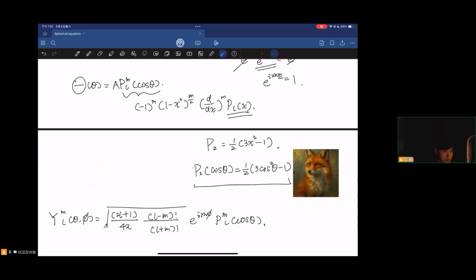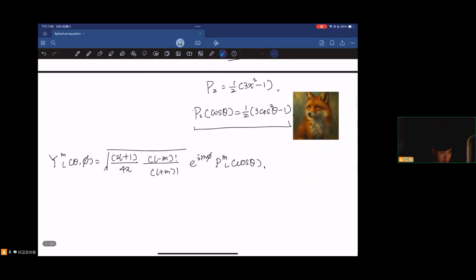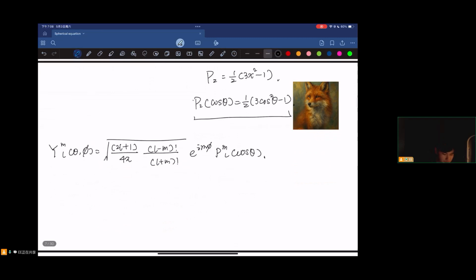This is very important because normalization is a necessary condition for a wave function. Otherwise, it won't make any sense. So here is also a conclusion that we have to remember, but I strongly recommend you learn a little bit about how scientists found this constant. It's a pretty mathematical problem.